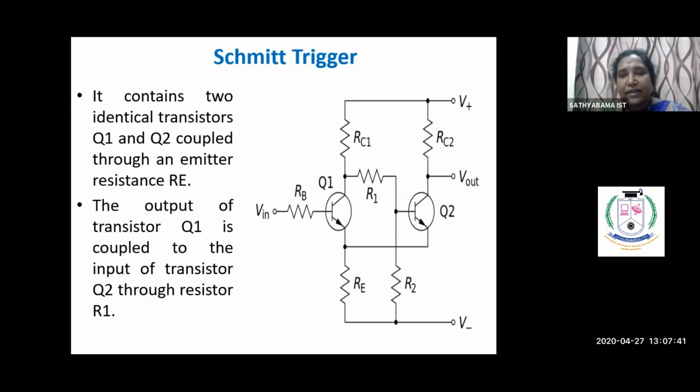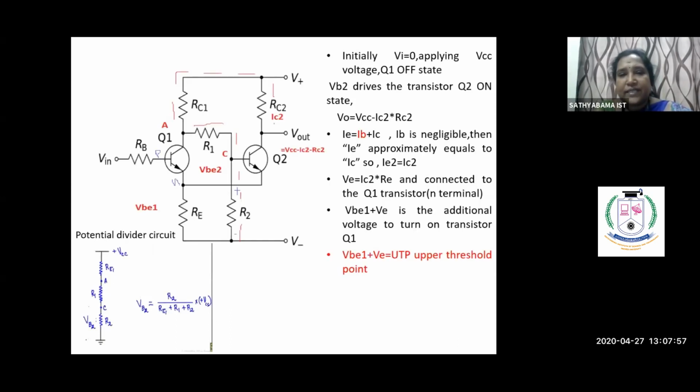If you give a very low voltage, meaning VI is very, very low, what will happen to the Q1 transistor? The Q1 transistor is in the off condition. Look at the VCC supply. I have marked dotted lines here. The current flows through RC1, R1 and R2, or otherwise through RC2.